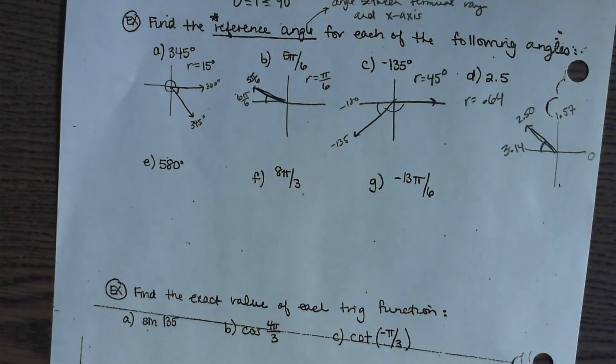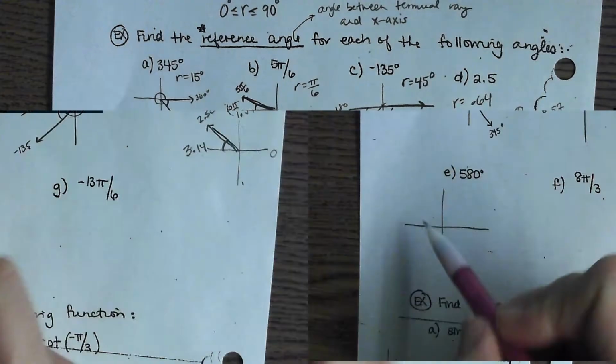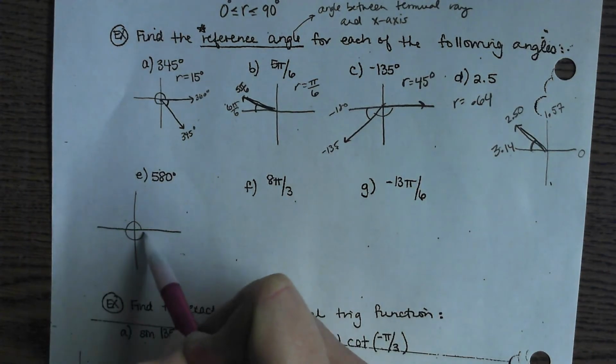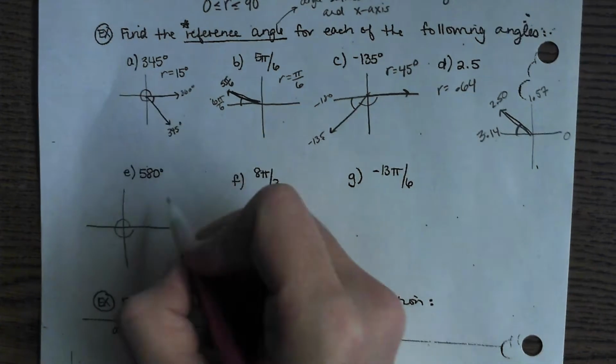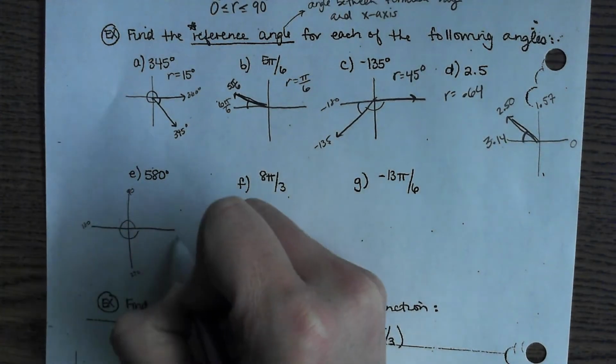All right, 580 degrees. Find out what quadrant. We go around 360. So 90, 180, 270, 360.